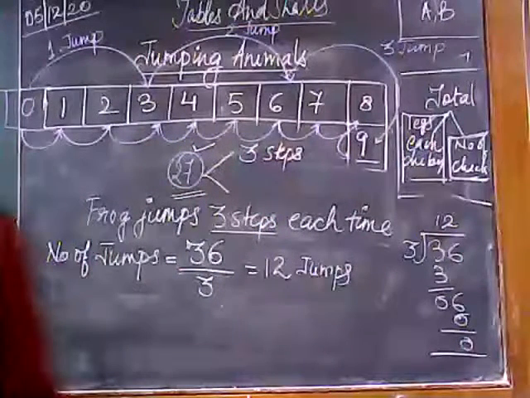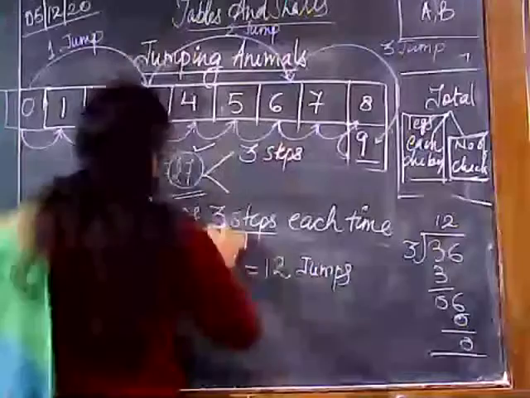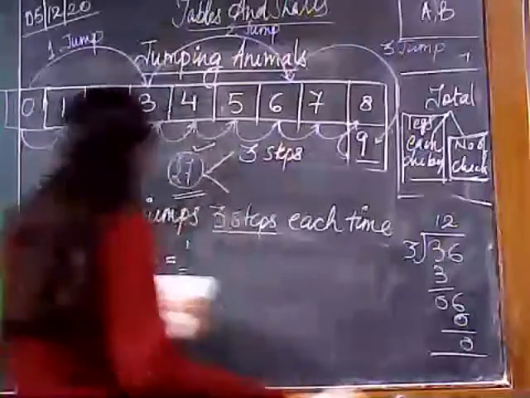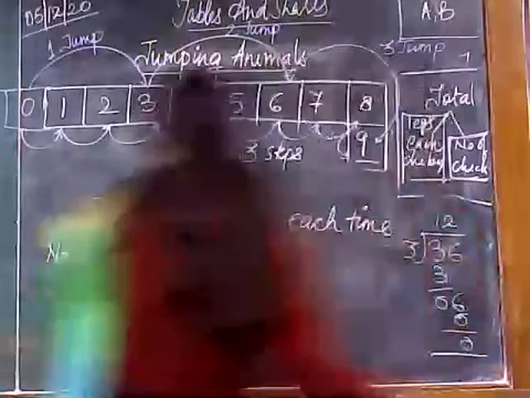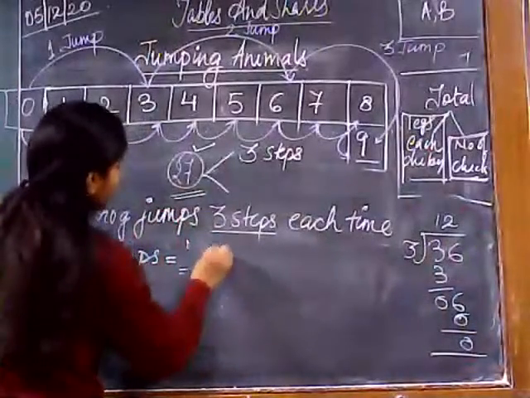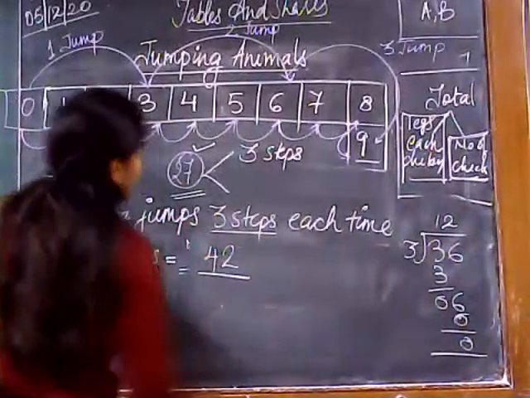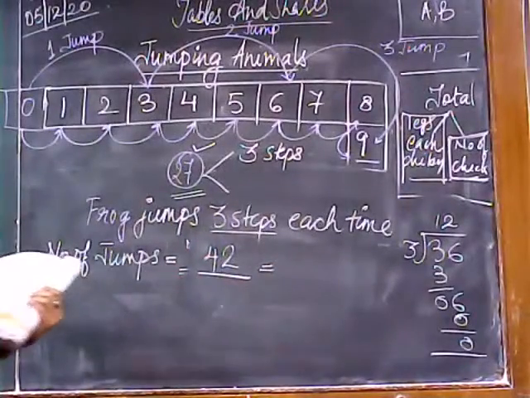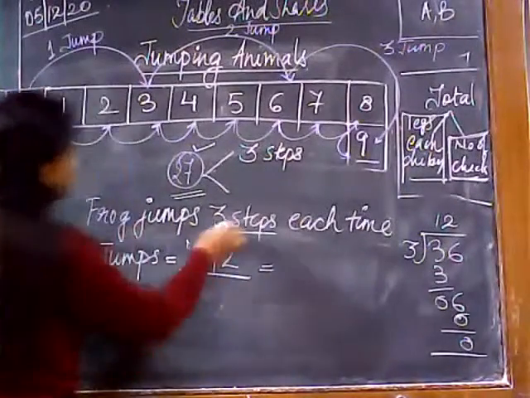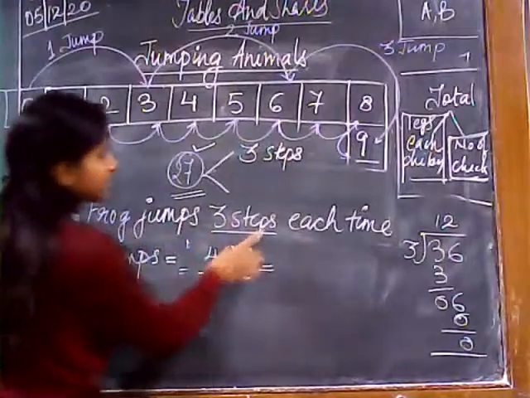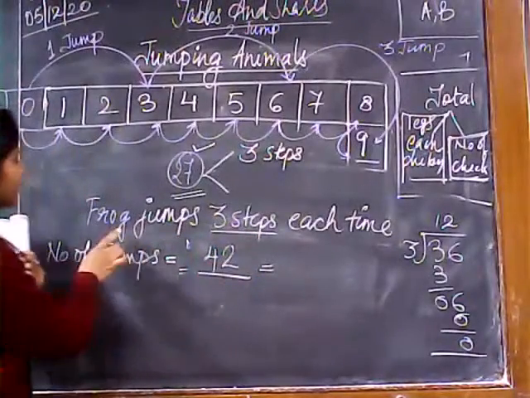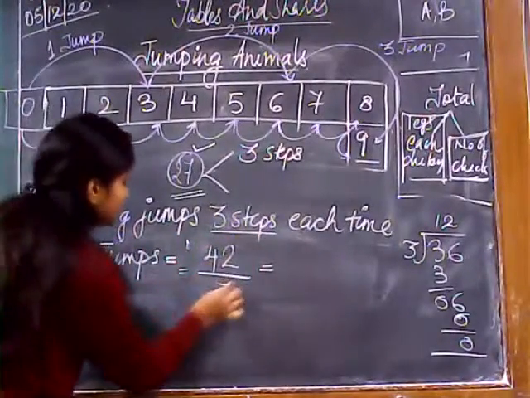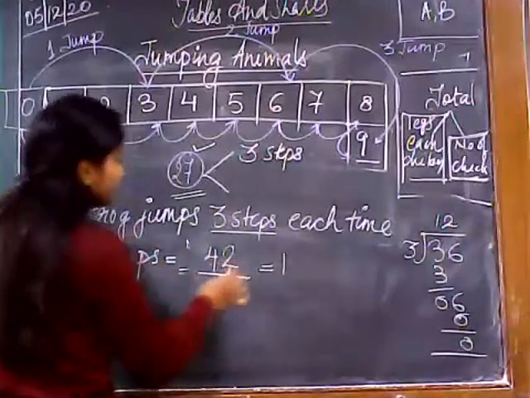So children, we take the next case. It is said that if the frog is at number 42, tell me how many jumps he has taken. So he has taken dash jumps. We know that every time the frog jumps, he takes 3 steps. 3 1s are 3.